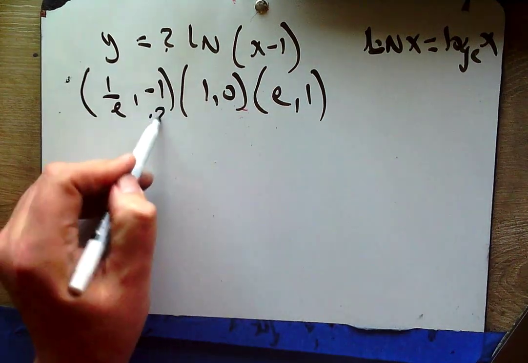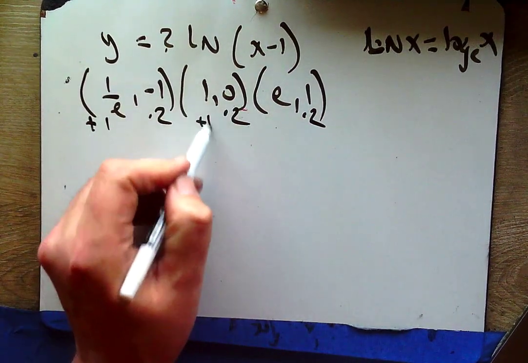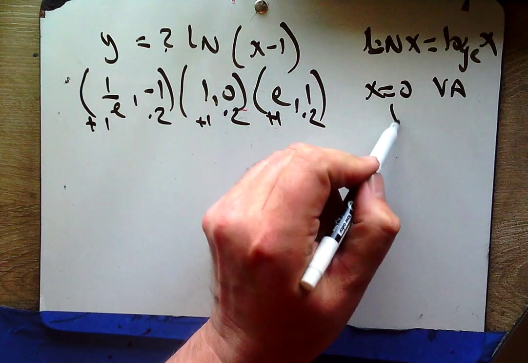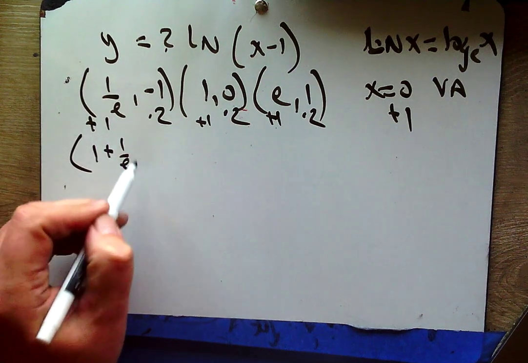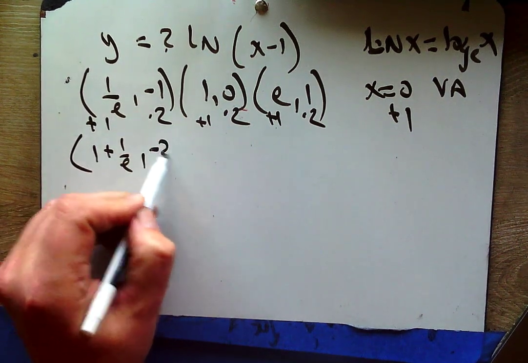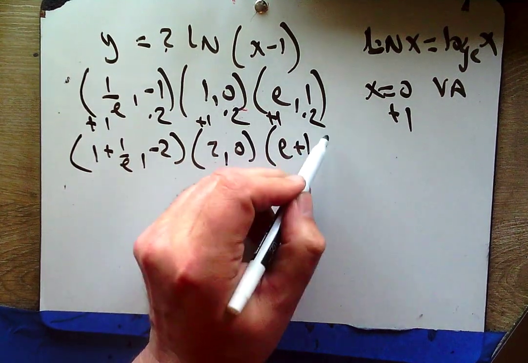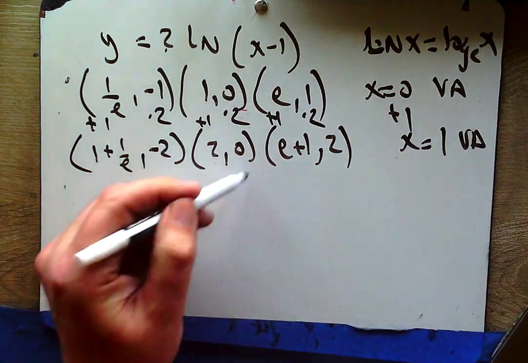I know I need to multiply the y's by 2, and I need to add 1 to the x's. Don't forget, x equals 0, the vertical asymptote, gets a plus 1 also. So I have 1 plus 1 over e, negative 2; 2, 0; and e plus 1, 2. x equals 1 for a vertical asymptote.